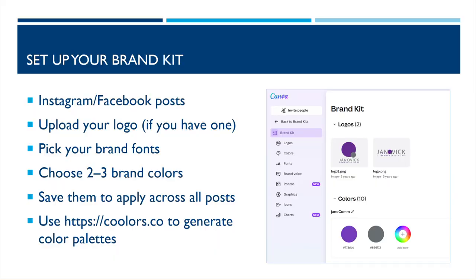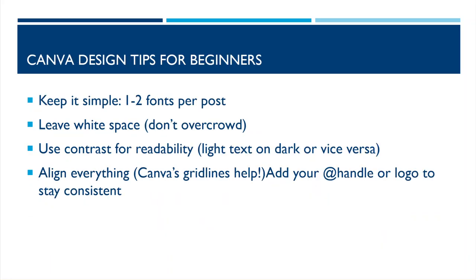So you can set up a brand kit for Instagram and Facebook posts, and upload your logo if you have one. You can pick your brand fonts and colors and save them to apply across all your posts. If you need to generate color palettes, here is a free website that you can click on to do that. It creates the palettes for you, and the brand kit's pretty easy to use.